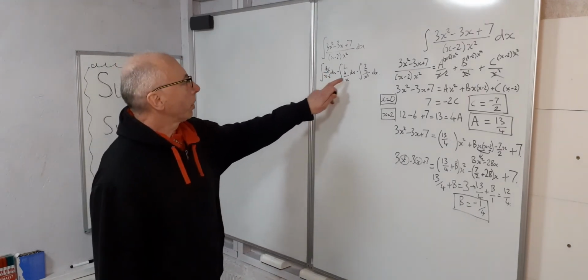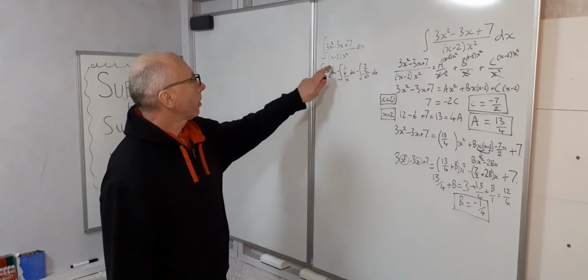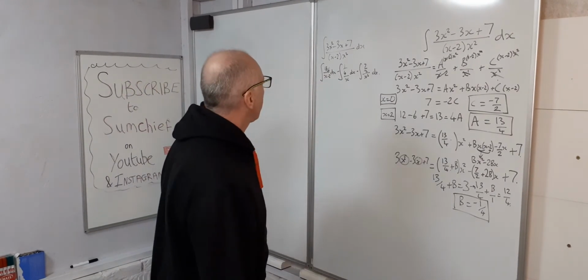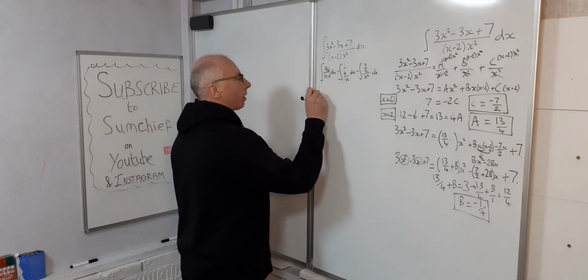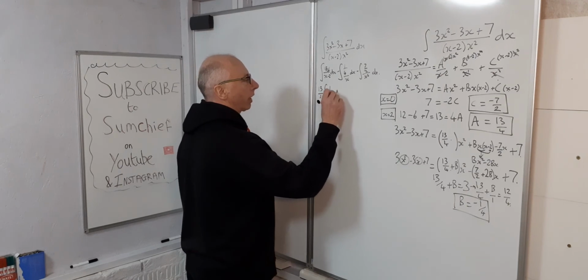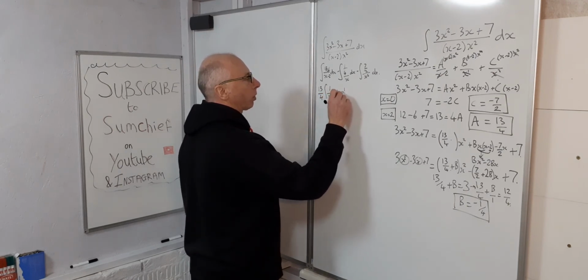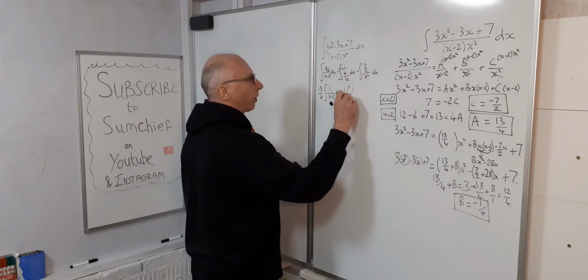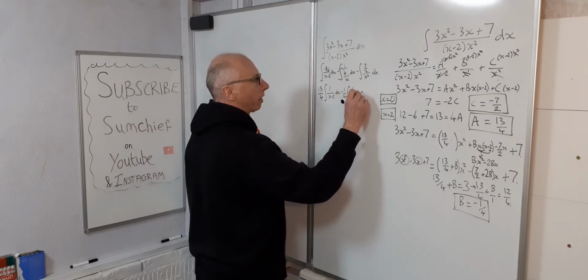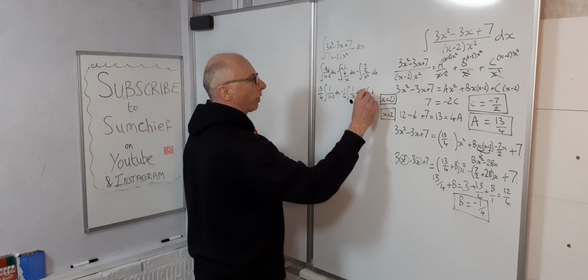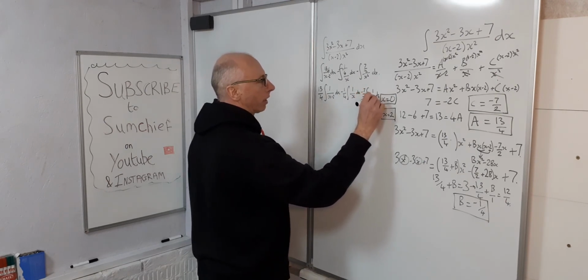Okay, so now what we're going to do, take these constants, bring them to the front, as you can do when you're doing integration, and see what we get. So 13 over 4 integral 1 now over x minus 2 dx minus a quarter, so this one comes out front, integral 1 over x dx minus 7 over 2 integral 1 over x squared dx.